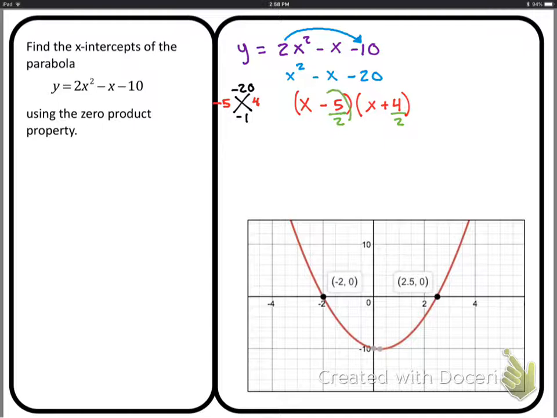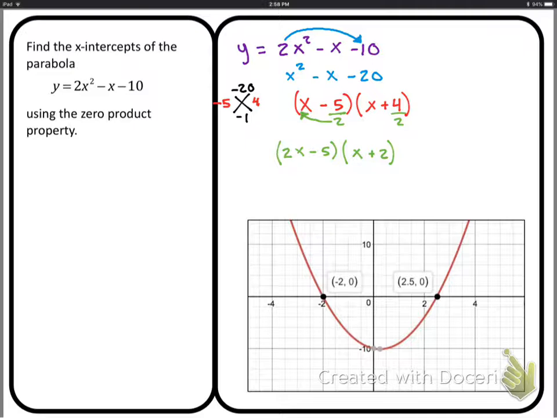Remember the steps for this problem: if you can reduce it, you reduce it, or if it divides evenly, you divide it evenly. This doesn't reduce, so the 2 gets shot out in front. This turns into 2x minus 5 in parentheses. On the right, 4 divided by 2 divides evenly, so this turns into x plus 2.